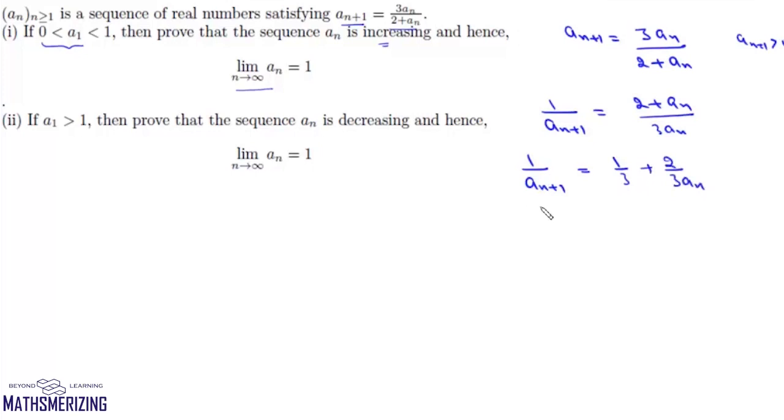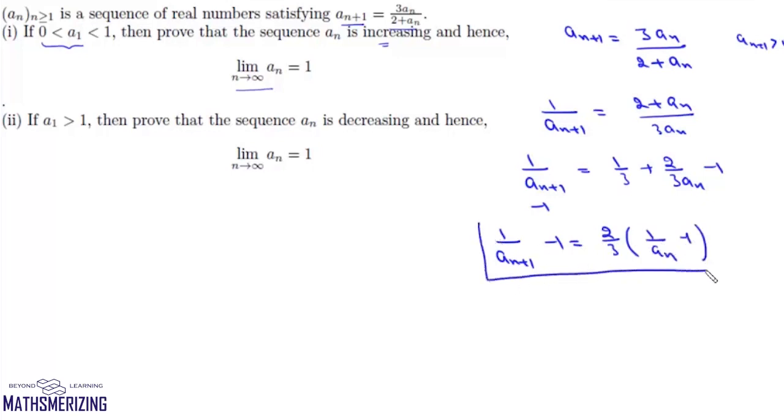Now we'll subtract 1 on both sides. We can write this as 1 upon a(n+1) minus 1 equals 2 by 3 times (1 upon a(n) minus 1).